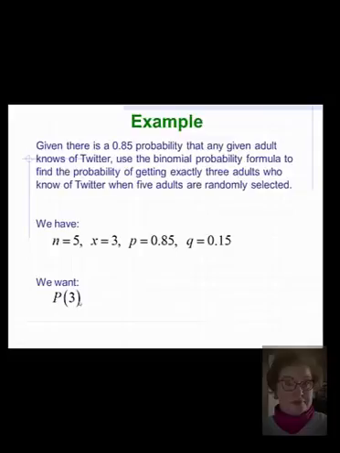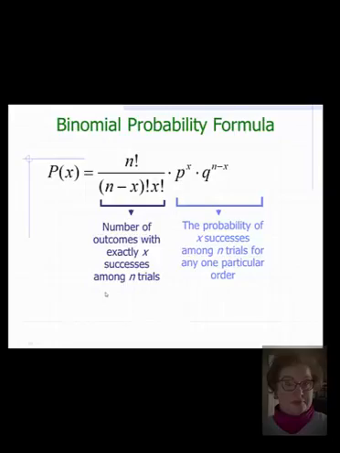So let's take a minute and look at the formula. The first part of our formula is the number of outcomes with exactly x successes among n trials. And the second part is the probability of x successes among n trials for any one particular order.